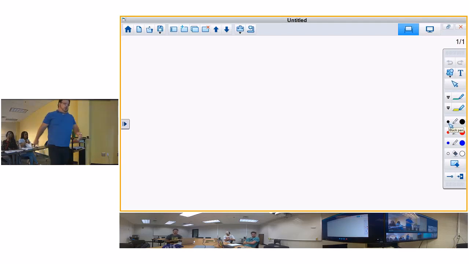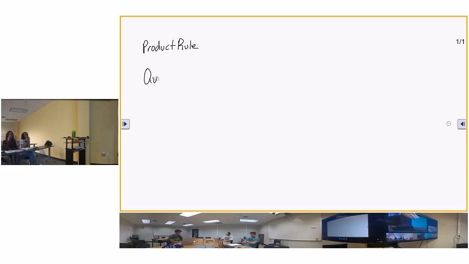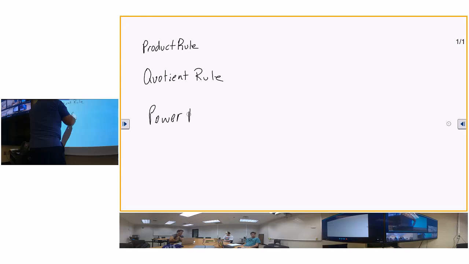The exponential laws, I'm going to go over them again. And that is the product rule, the quotient rule, and the power rule. And all three of those rules have to do with simplification.